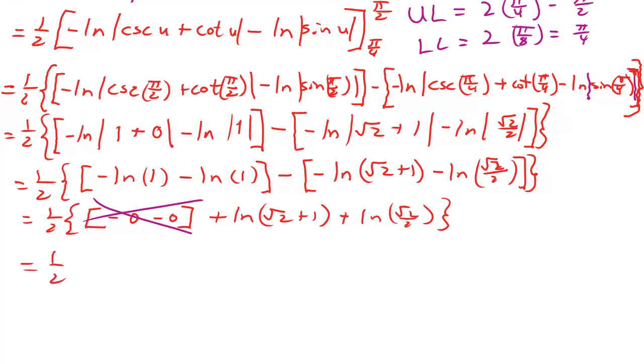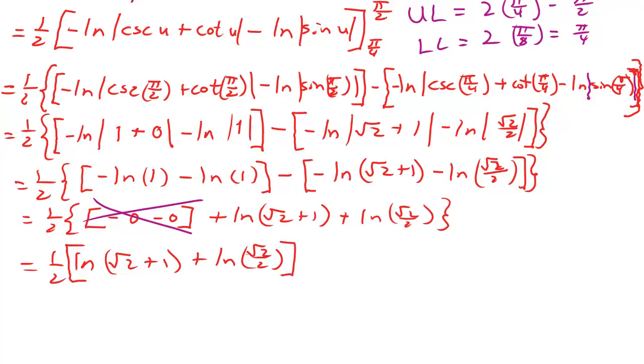All right, so I got 1/2 of natural log root 2 plus 1 plus natural log, oh, I'm going to distribute that 1/2. Let's just leave it in a bracket for now, because I was going to do something else.